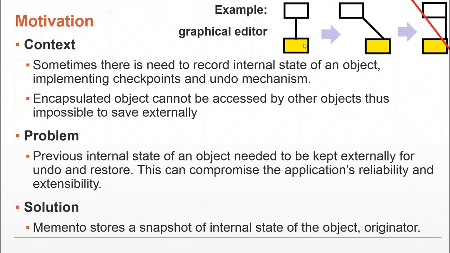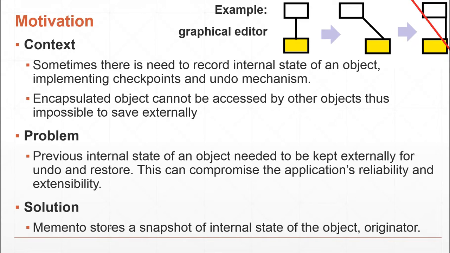However, if the rectangle is moved and the constraint solver restores the same connection, the two rectangles may contain the same relation, but it's not the same state as the first one. So the memento pattern actually captures the whole state of an object, so when it restores to its original state, it's exactly the same.